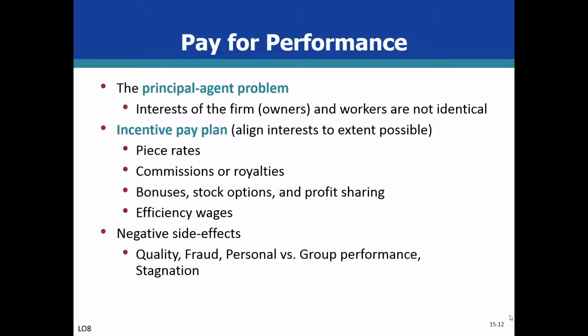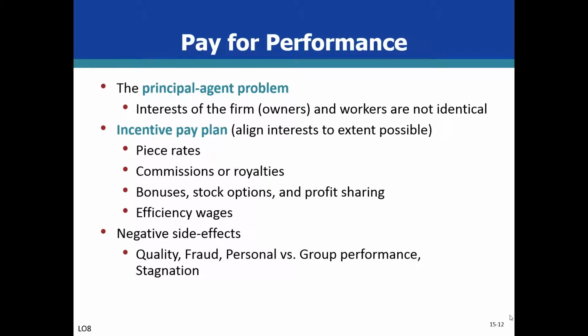Owners always need to look for potential downsides to these incentive plans. Here are some of the major ones. Deteriorating quality, because the incentives are for output only. It's a big no-no. Any incentive program has to include quality. Fraud, outright cheating to make the numbers.